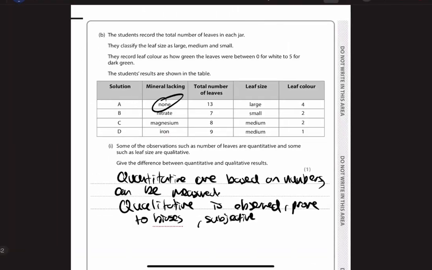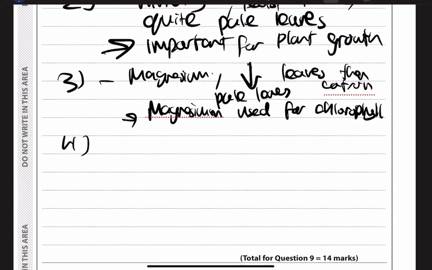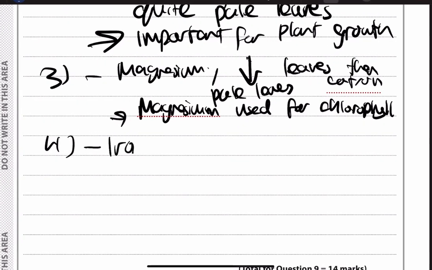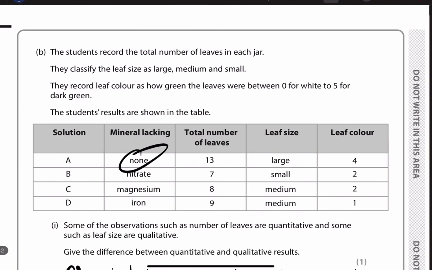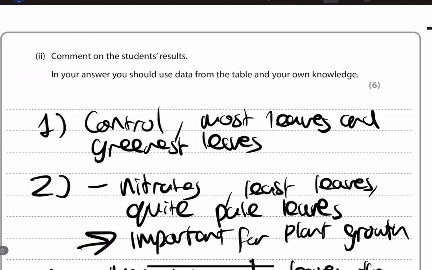Now, the final one is iron, right? So iron, we have the lowest leaf color. So iron, we have less leaves, and we have white leaves, right? Because it said one is white, I think. Yeah. Oh no, zero is white.